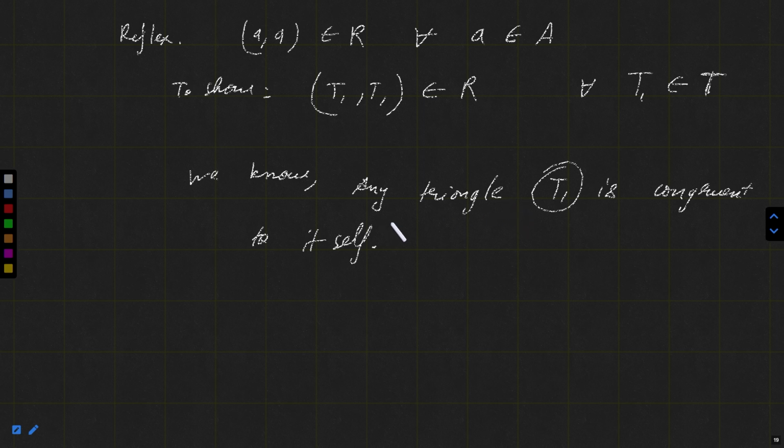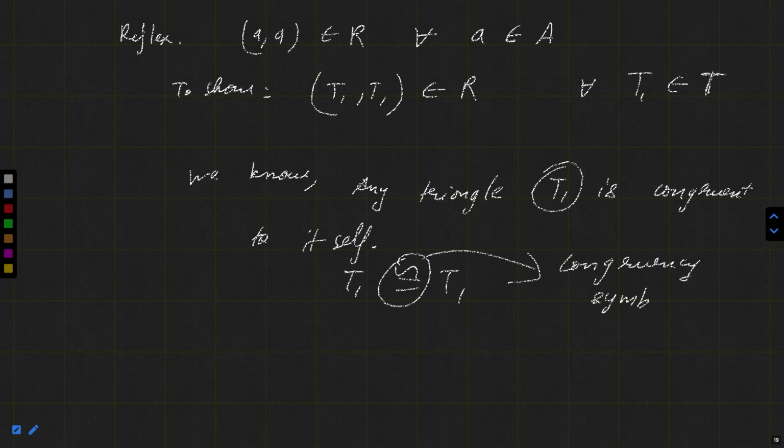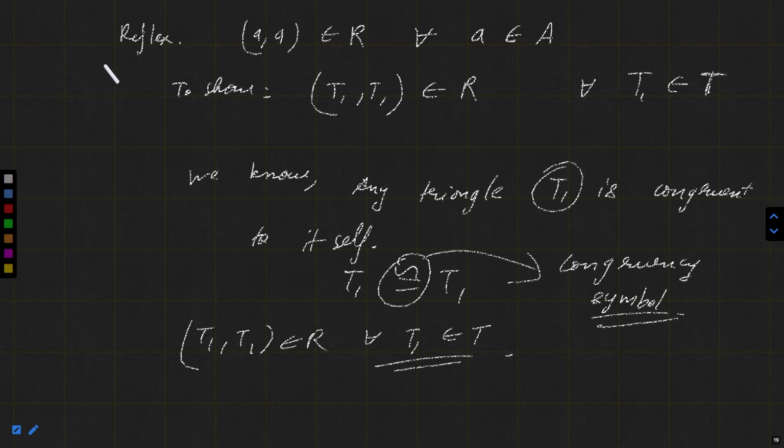So T1 is congruent to T1 itself. This is the congruency symbol. So from this I can say that T1 comma T1 belongs to relation R for every T1 belonging to the set T. So it is reflexive.